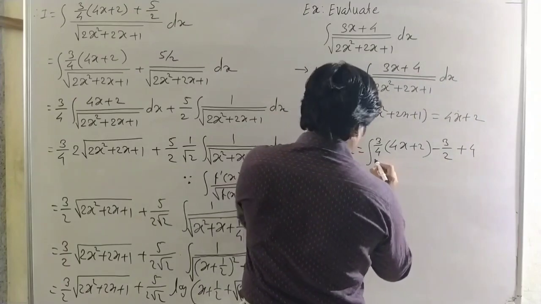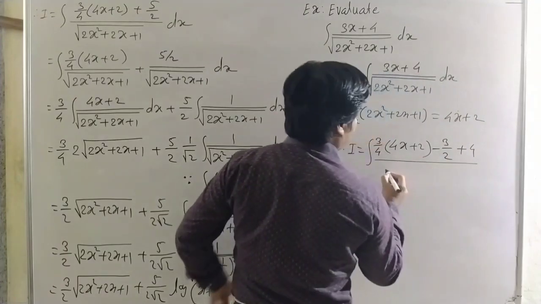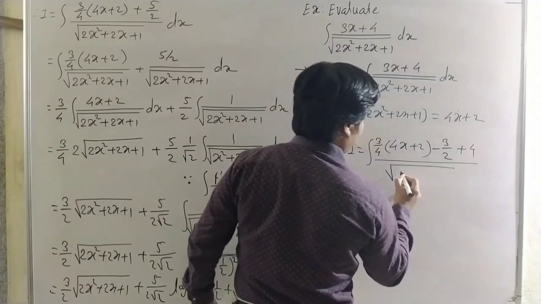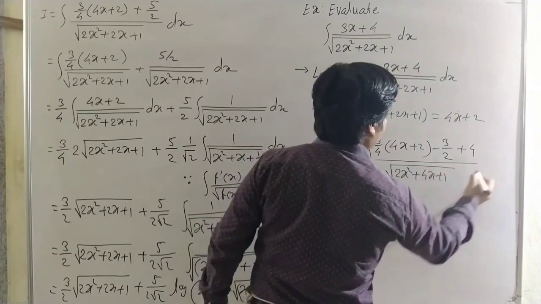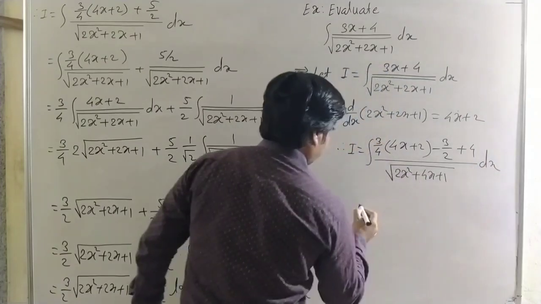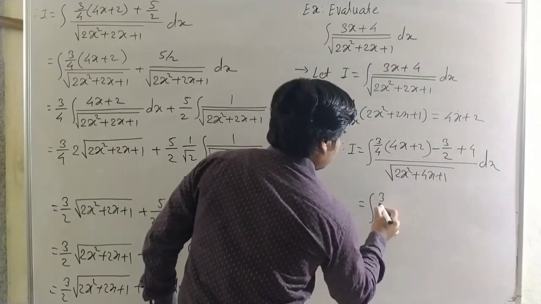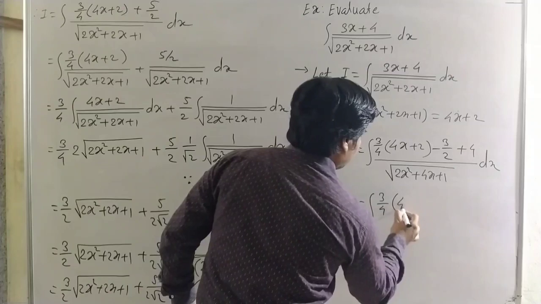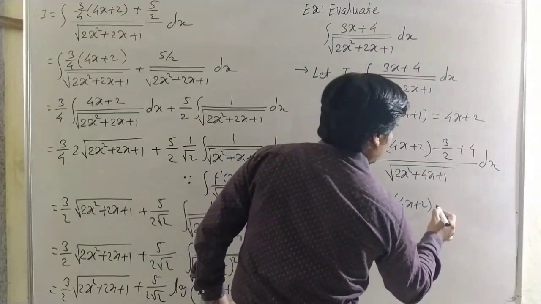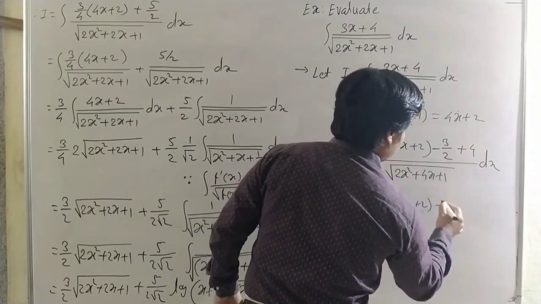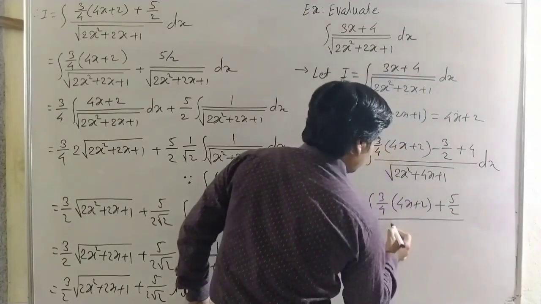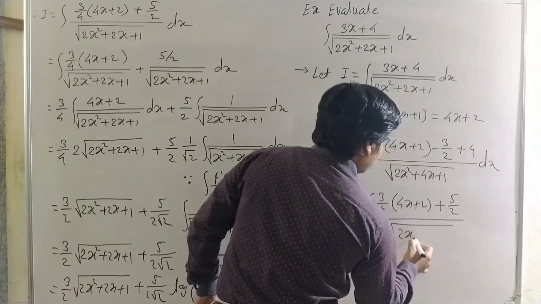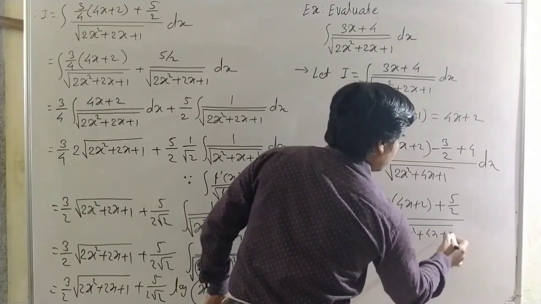And whole upon under root 2x square plus 4x plus 1 dx. And now it is 3 by 4 into 4x plus 2, and plus 5 by 2 upon under root 2x square plus 4x plus 1 dx.